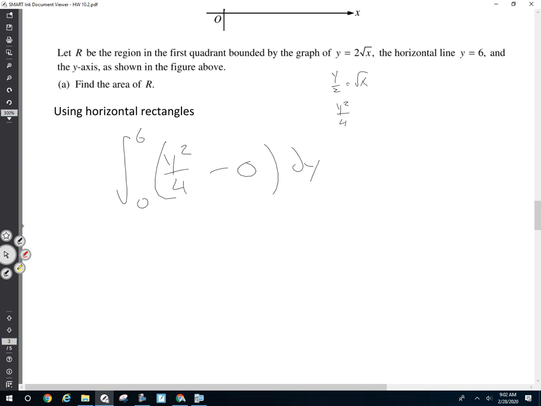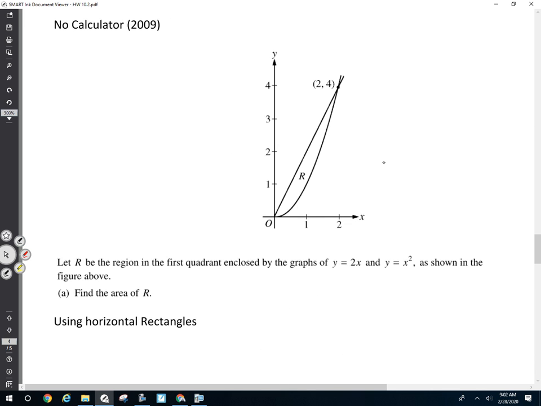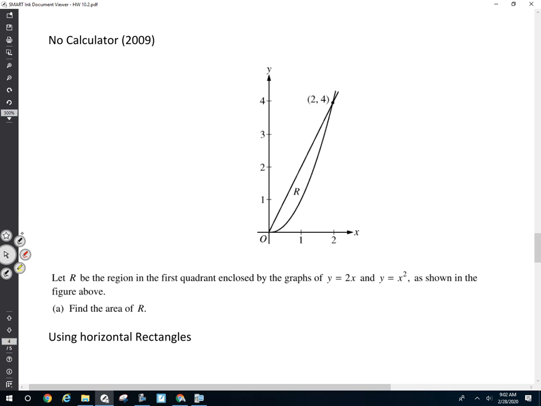Now, I can do this without a calculator. So 6 cubed over 12. Find this area using horizontal rectangles. All right, well, I see the intersection's at 4. That's nice. If I were to draw my horizontal rectangles, I could see that the height is a very small change in y.